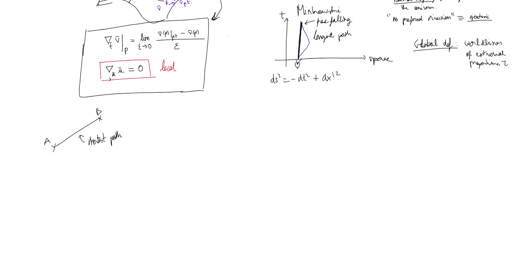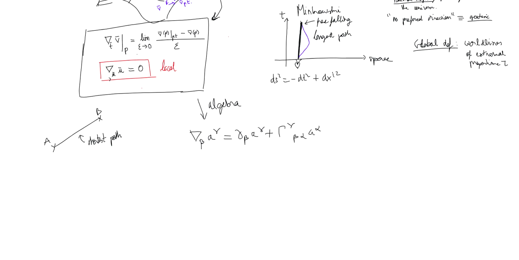If you work out some algebra, you will end up with this: nabla beta A gamma equals del beta A gamma plus the Christoffel symbols gamma beta alpha A alpha.